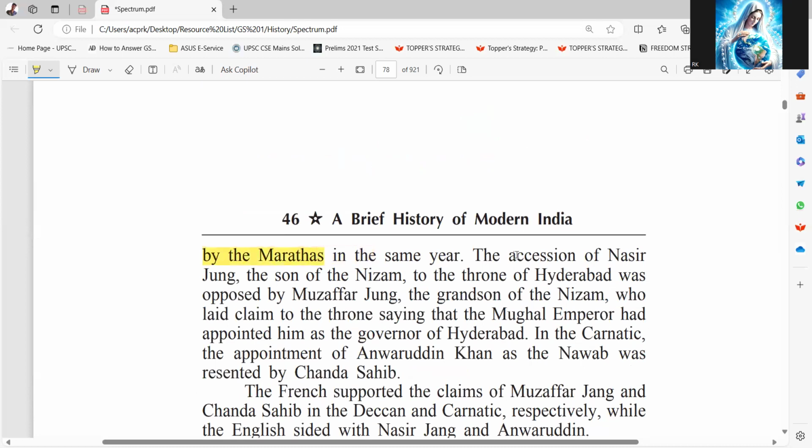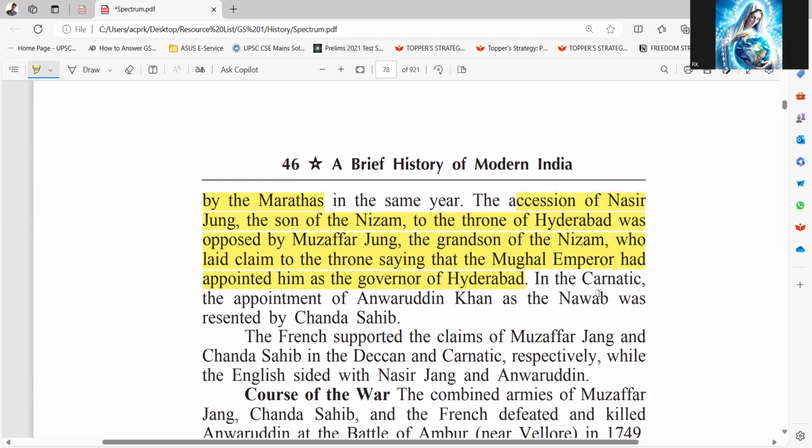The accession of Nasir Jung, the son of Nizam, to the throne of Hyderabad was opposed by Muzaffar Jung, the grandson of Nizam, who laid claim to the throne, saying that the Mughal emperor had appointed him as the governor of Hyderabad. In the Carnatic, the appointment of Anwaruddin Khan as the Nawab was resented by Chanda Sahib.